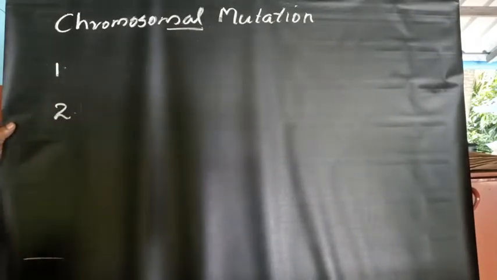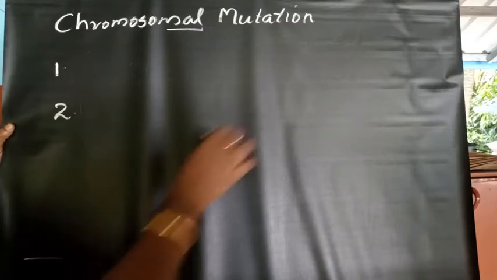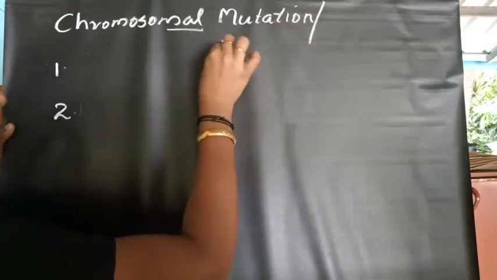So these are the changes that occur in the morphology of a chromosome. The mutation may entirely affect the morphology of the chromosome, and as a result there is a change in the number or sequence of genes. Such types of mutations are called chromosomal mutation, or chromosomal aberration.